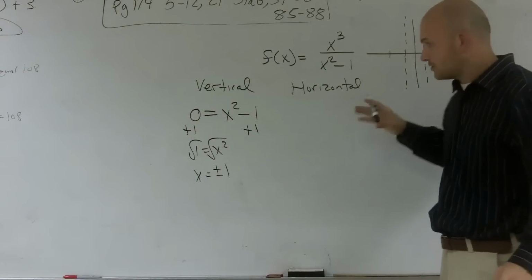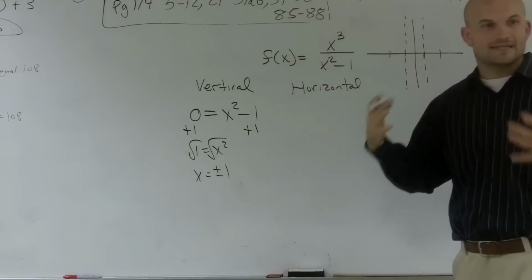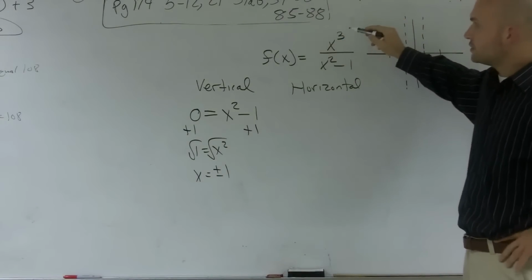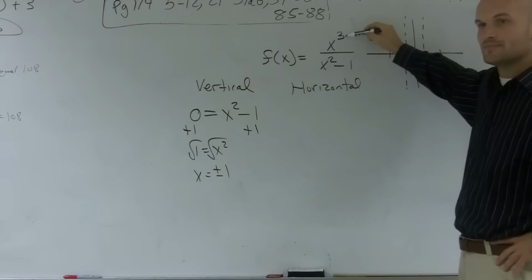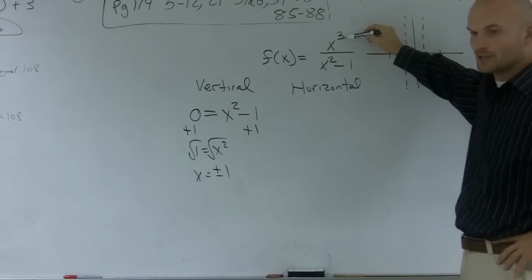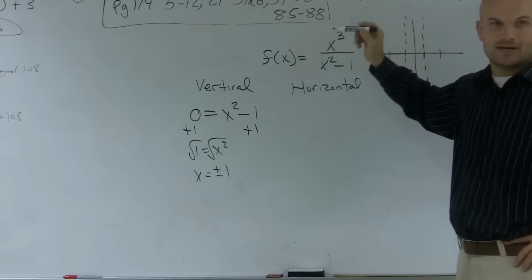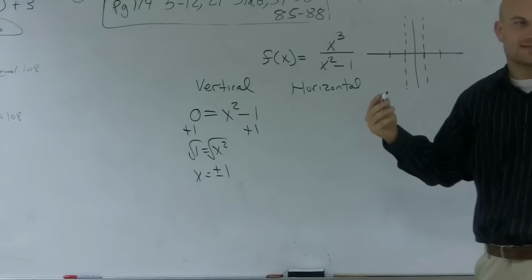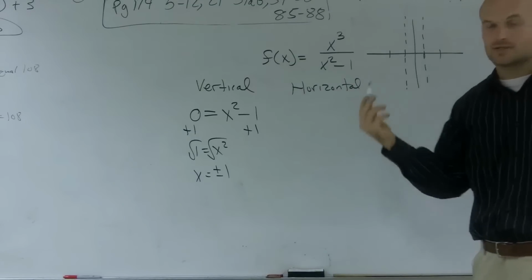But for horizontal, we need to look at the degrees of your leading terms. If the degree of your top polynomial is less than the degree of your bottom polynomial, then your horizontal asymptote is y equals 0.